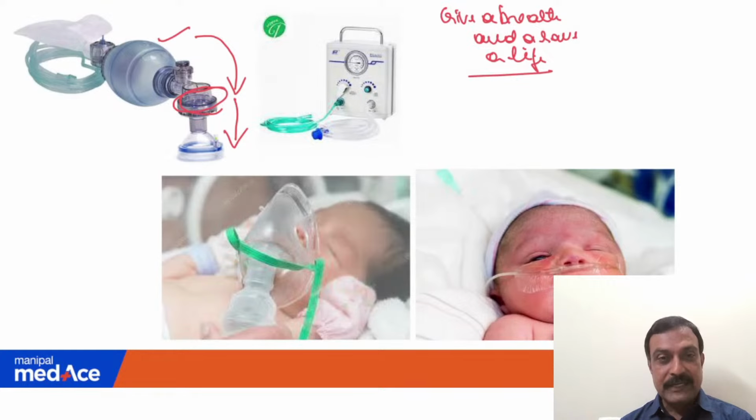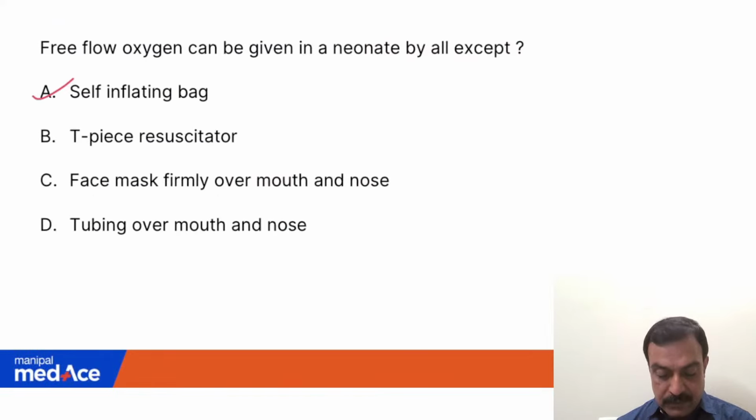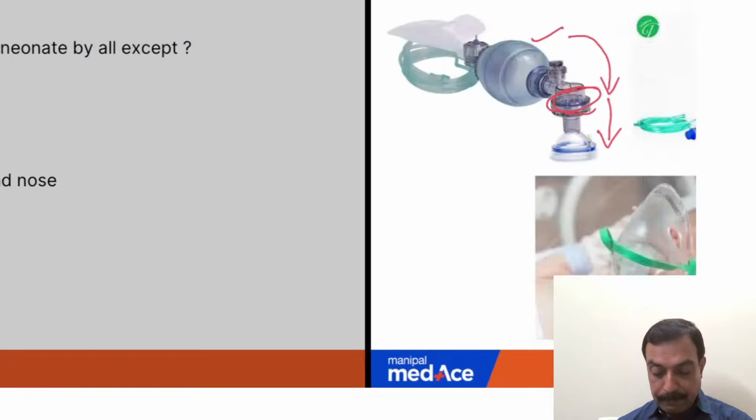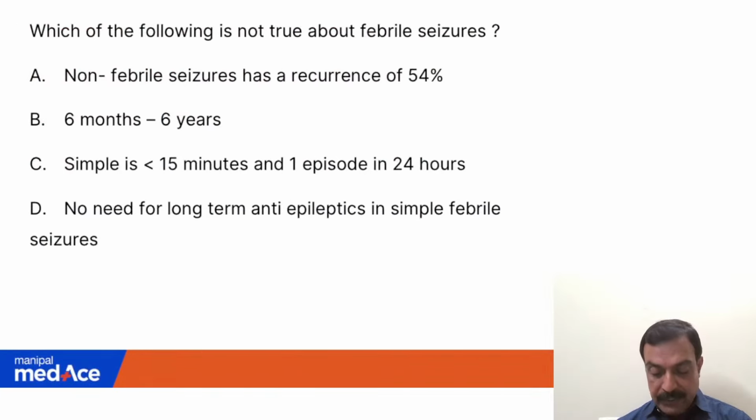But here the question is very tricky. Free flow oxygen: unless we compress the bag, the air does not go to the baby. So the correct answer is the self-inflating bag. Next, these are the neonatology questions which have been asked in the exams. Let us go to the pediatric set of questions.